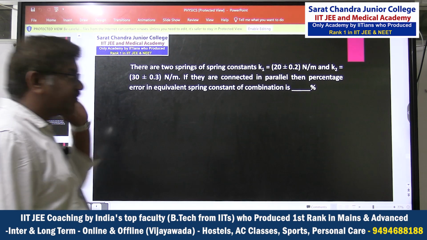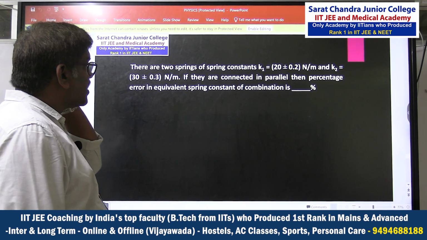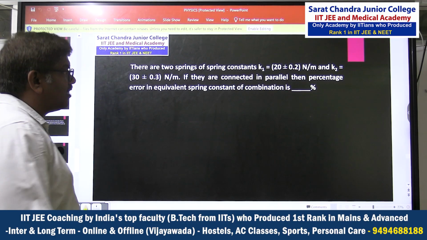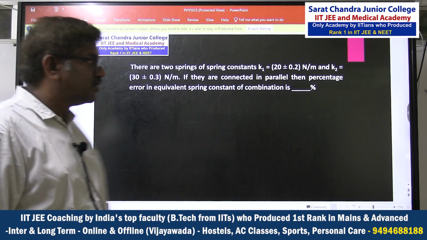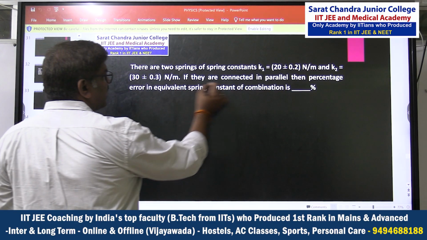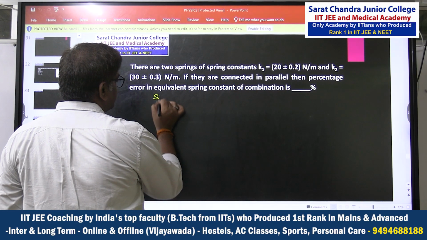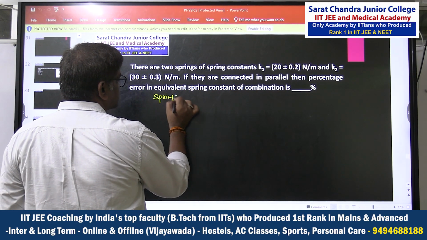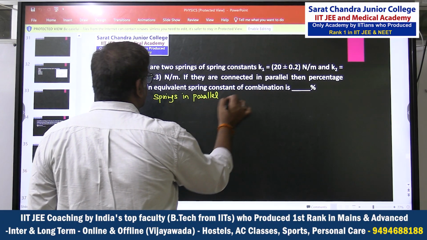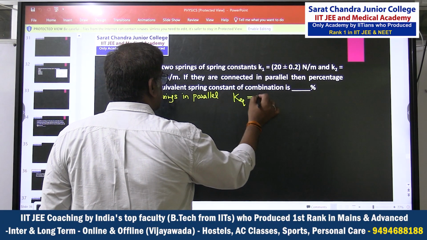Okay, it belongs to 11th class, error analysis, right? And simultaneously also combination of springs. So it means force also. So it's a combined one. If I am talking about parallel, the springs are in parallel. Springs in parallel means what? How to give its equivalent K? It will be K1 plus K2.